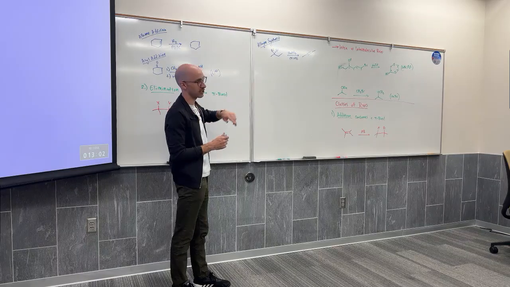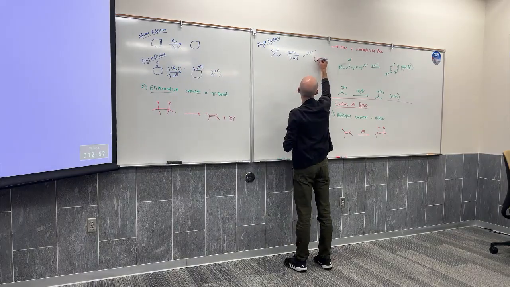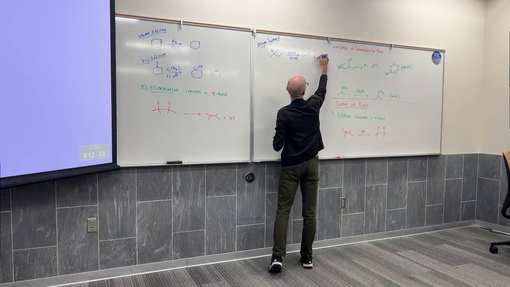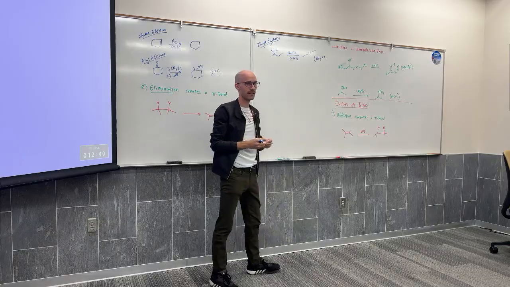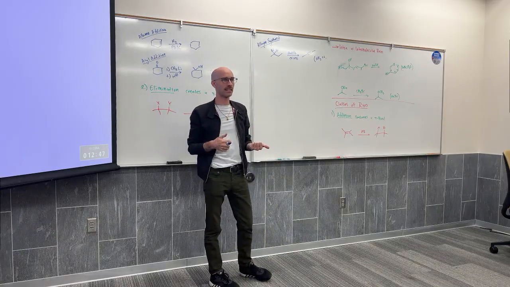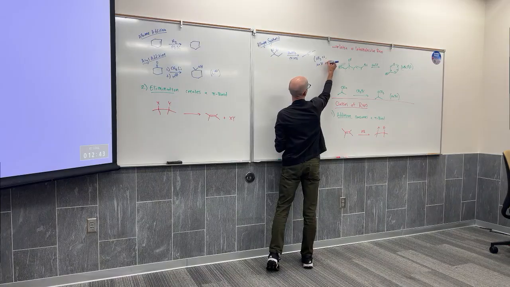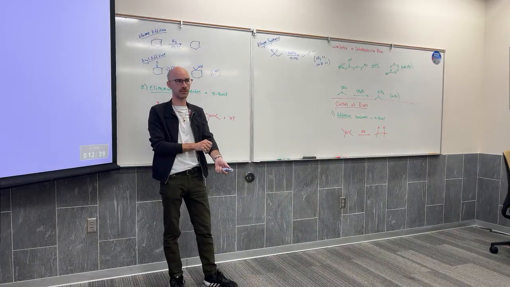The base is actually helping me out here. So if I'm looking at my products, NH2 minus is taking hydrogens to make NH3, and it does that twice. The sodium ion is balancing the bromide ion, and that happens twice. Those would be byproducts in this elimination reaction.